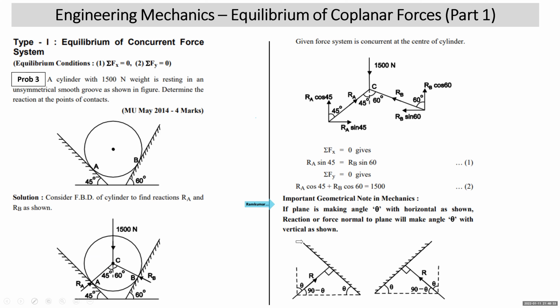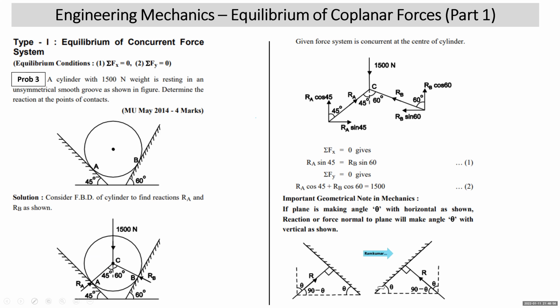Can you see this geometrical note? This is one plane which is making angle theta with the horizontal. Reaction is normal to the plane. You can see this is angle theta, this is 90, this is 90 minus theta, this is theta. So we can conclude that if the plane is making angle theta with the horizontal, the reaction or force normal to the plane will make angle theta with the vertical.